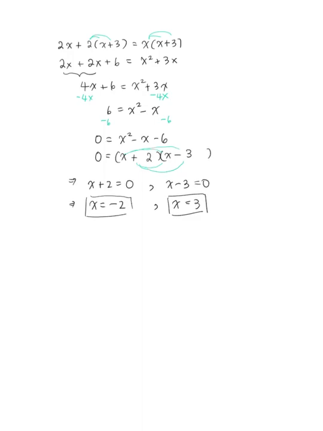But now let's go back and see what x stands for. If you go back, wasn't x the number of hours for the big hose to fill up the pool? So could that be negative? Can hours be negative? No. So we need to throw that one away. So the only keeper would be this. So again, this number is the number of hours for the big hose to fill up the pool.